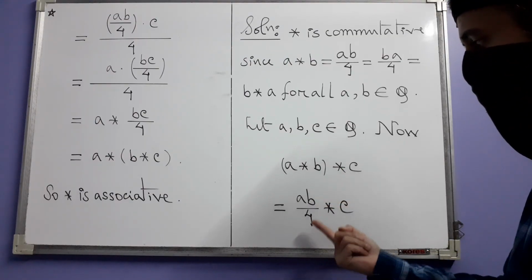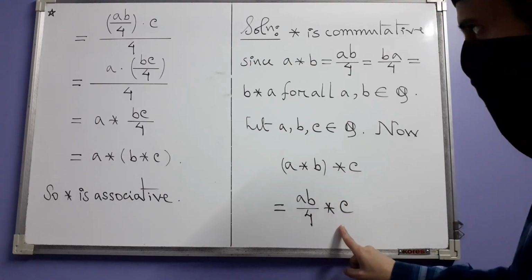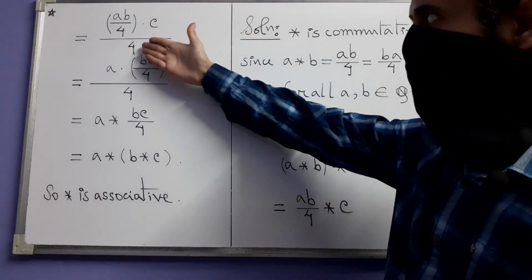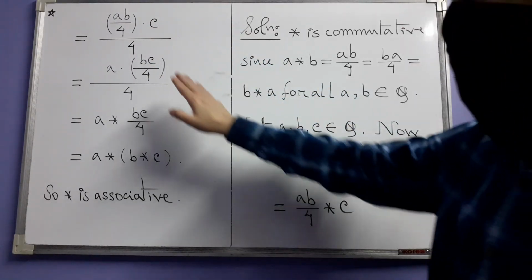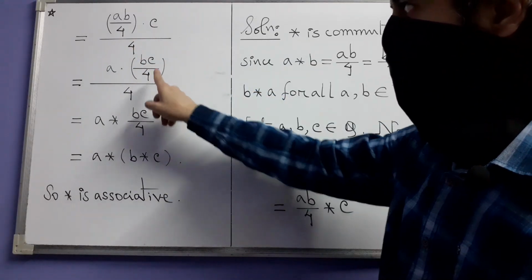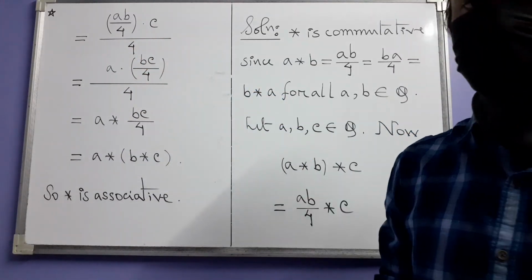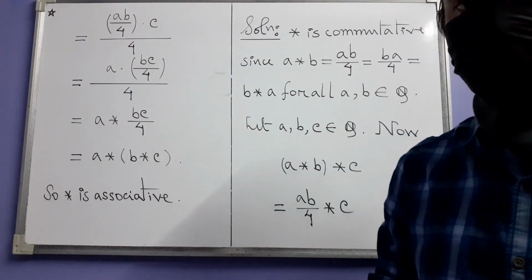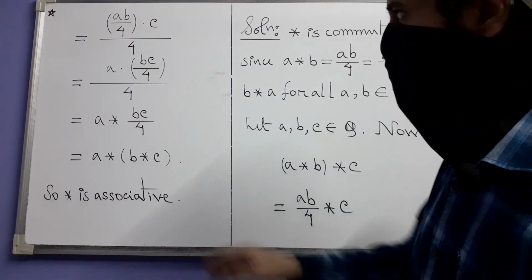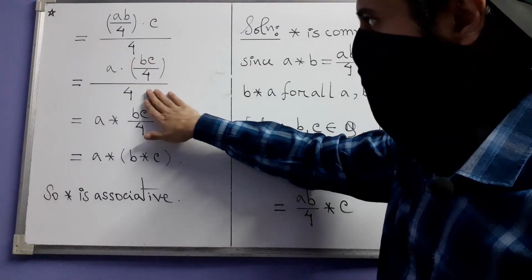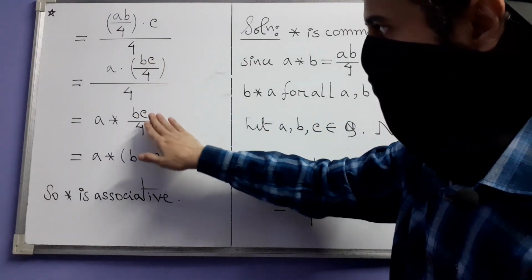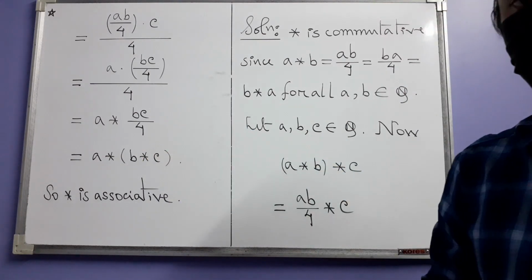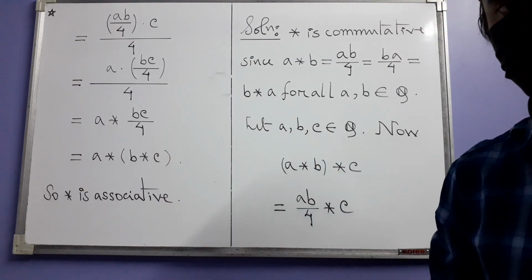A star b is ab divided by 4, star c is this number times c divided by 4. We need not even touch this denominator. In the numerator, we rearrange things. We write this product as a times bc divided by 4, which of course we can do. This entire thing, however, equals a star bc divided by 4, and this part is b star c. So that's why star is associative.